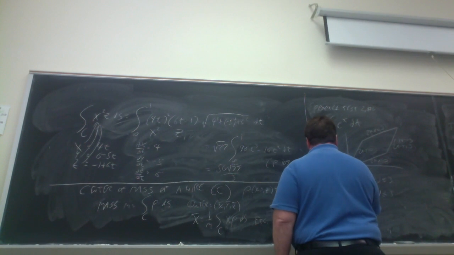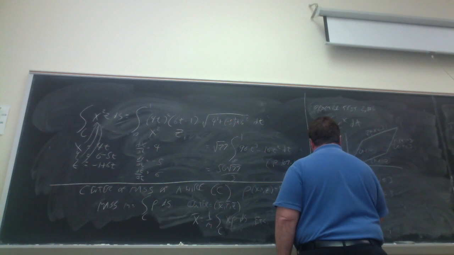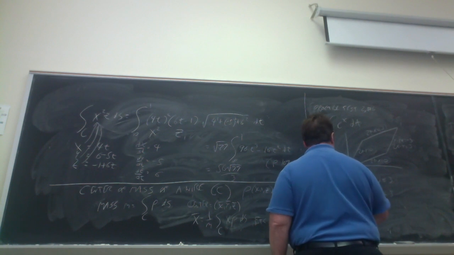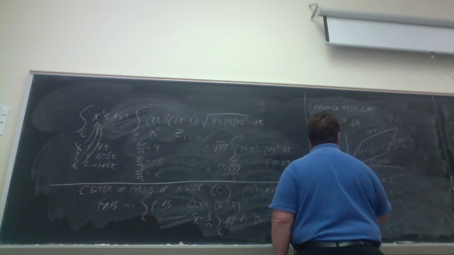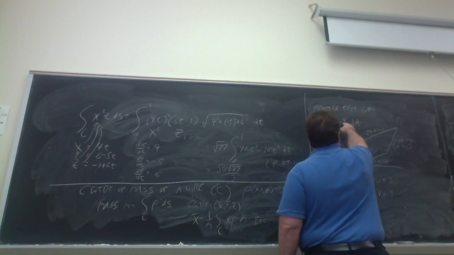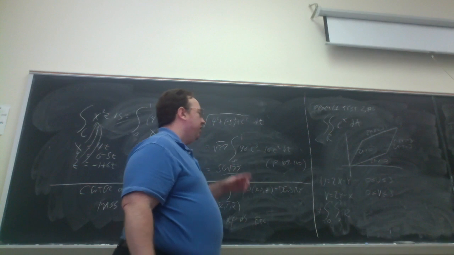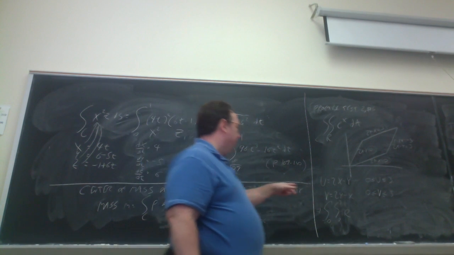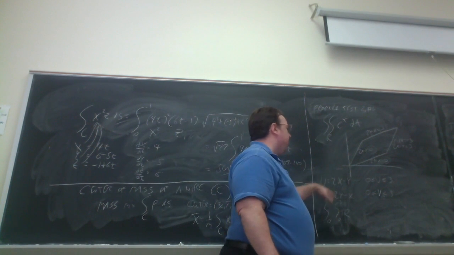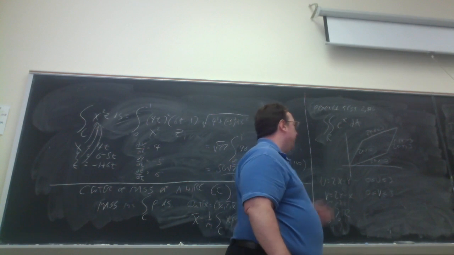So what you're going to get is the integral from 0 to 3 in u, 0 to 3 in v, e to the x, but now you have to invert these equations. So you have u and v in terms of x, y. Now you need it to be the other way around.